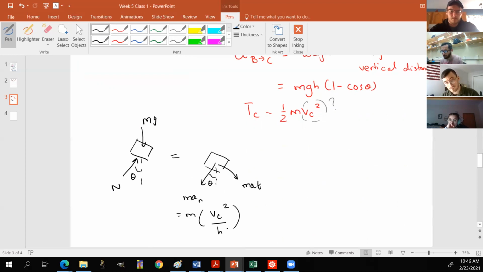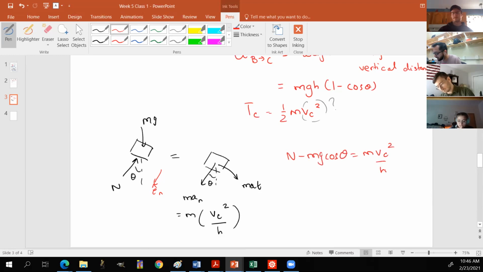Now if you write your expression out in the normal direction, you get N minus mg cosine theta equals m vc squared over h.